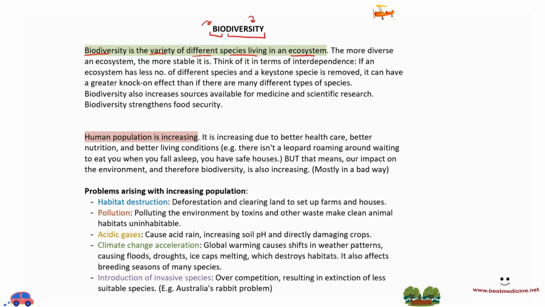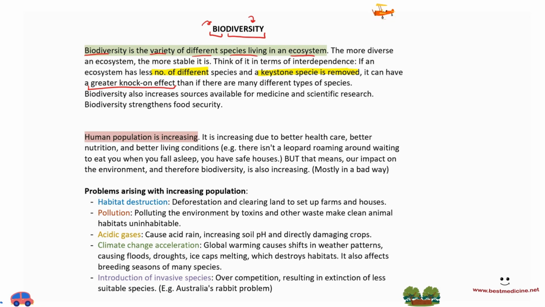Think of it in terms of interdependence. If you have very few species, and a keystone species is removed, it's going to have a very severe knock-on effect. Remember knock-on effect, right? If you remove a species, it can significantly affect the groups of organisms that are interdependent on one another.